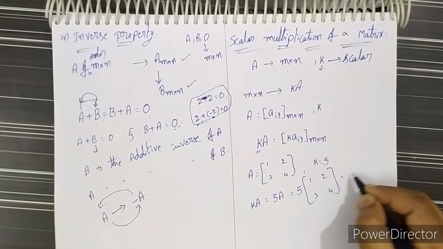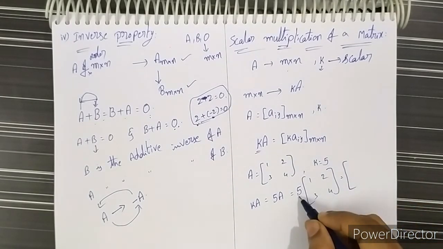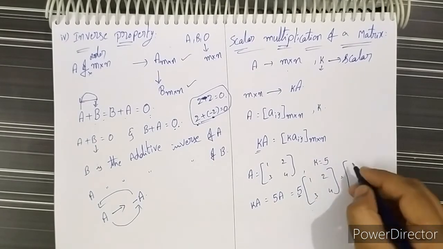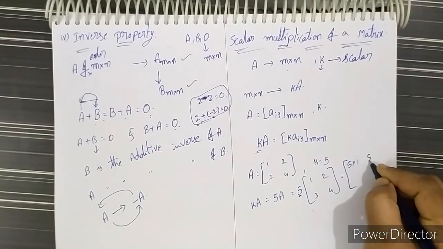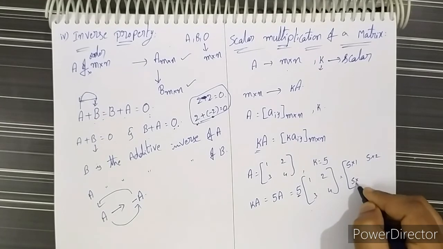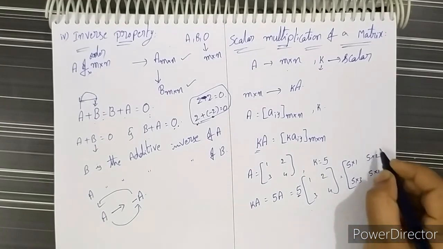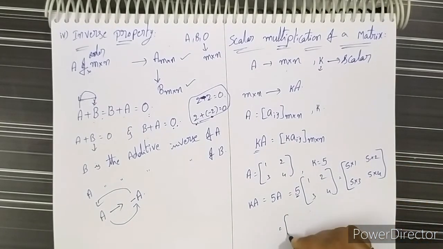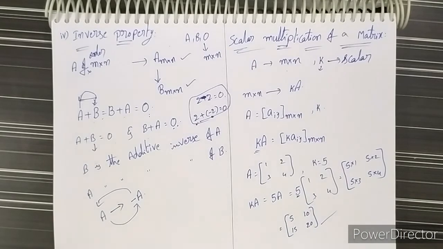The scalar multiplication is done by multiplying this scalar with each element. That means 5 into 1, 5 into 2, 5 into 3, 5 into 4, that is equal to 5, 10, 15, 20. This is the scalar multiplication of a matrix.